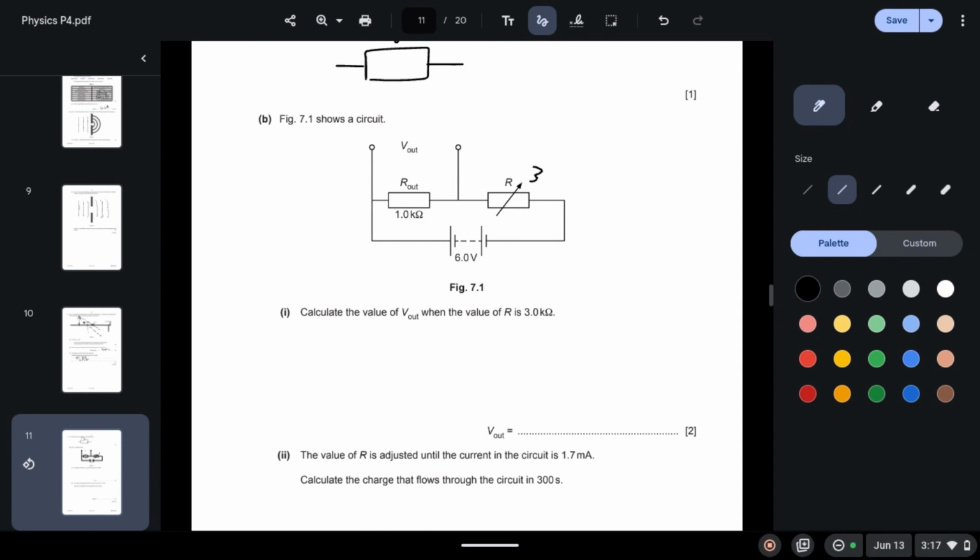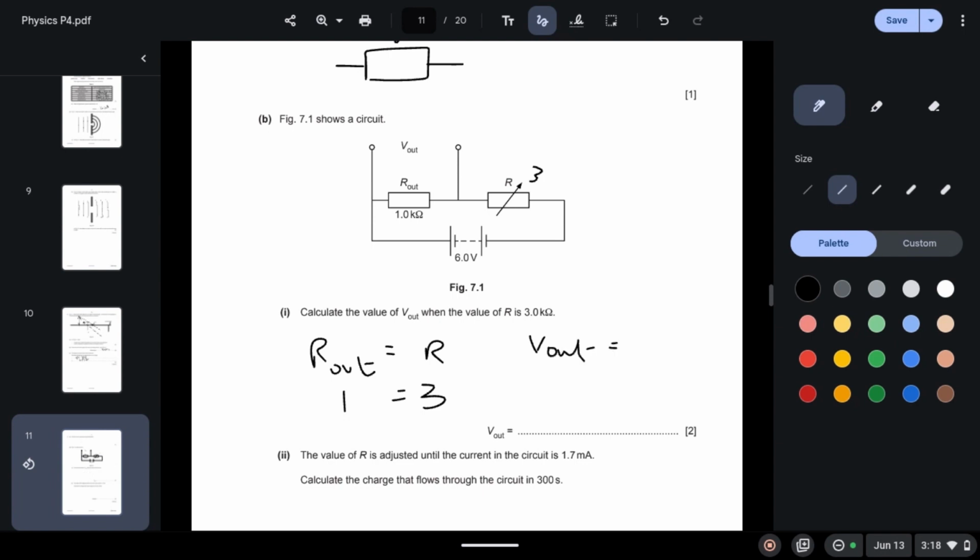so we know that resistance and the potential difference are directly proportional. So the ratio of the resistance would be the same as the ratio of the potential difference across it. So V out is basically the potential difference across R out. So the ratio of R out and R is 1:3. So the ratio of the potential difference across these two components will also be the same.